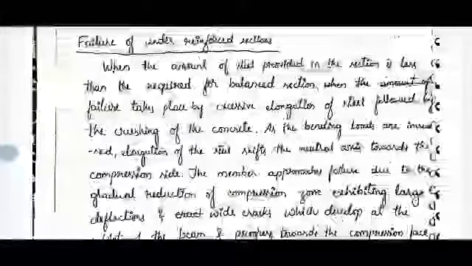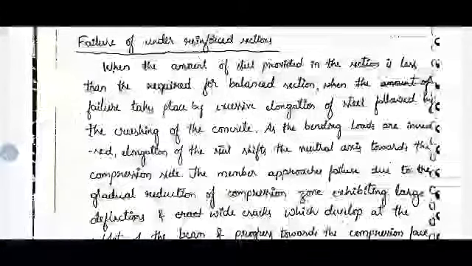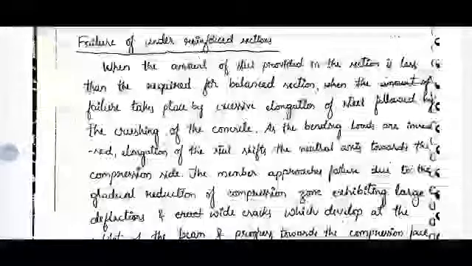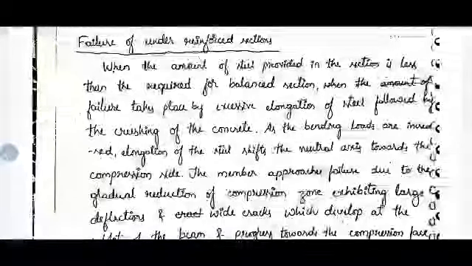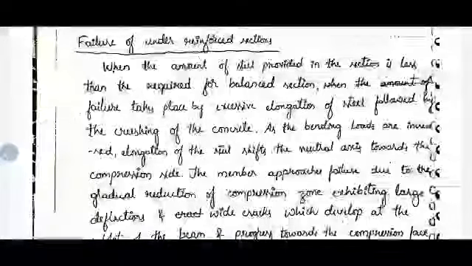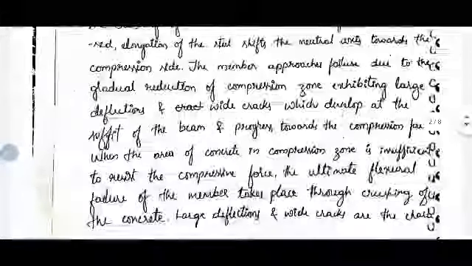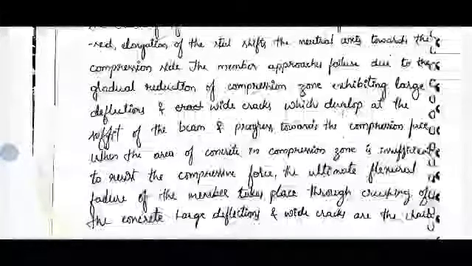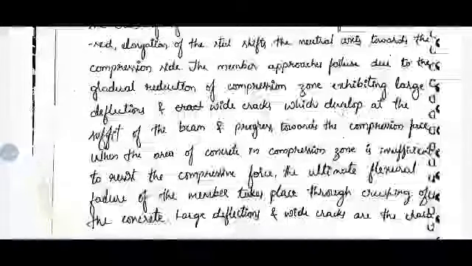So the concrete loses its strength and the neutral axis shifts towards the compression side. When the compression zone fails, the deflection further increases, and at a certain point the beam will fail.